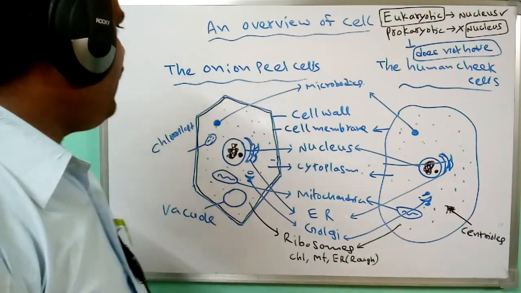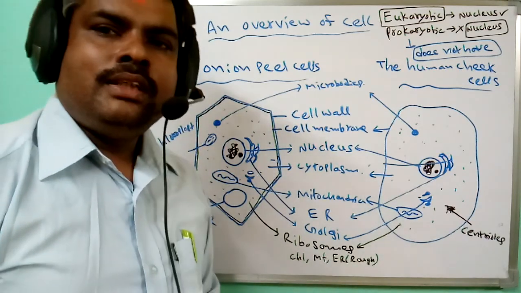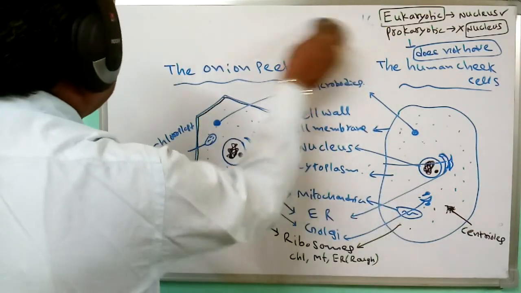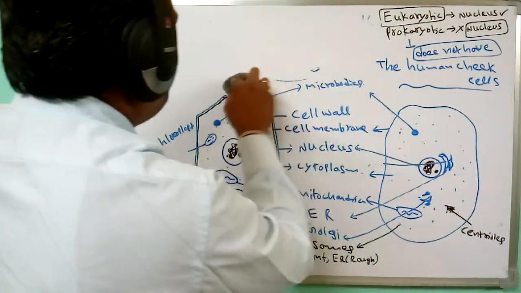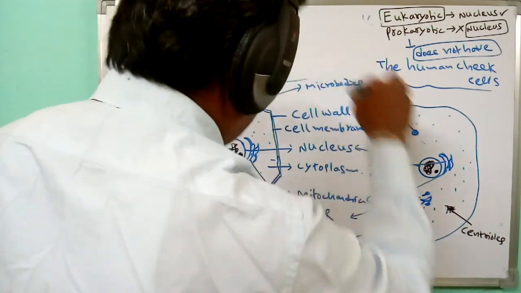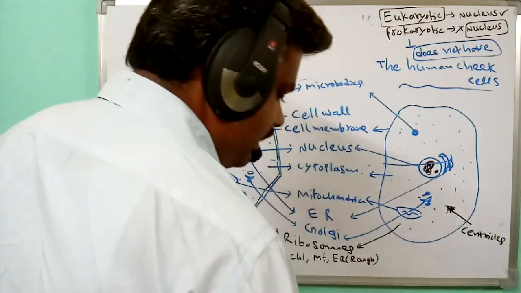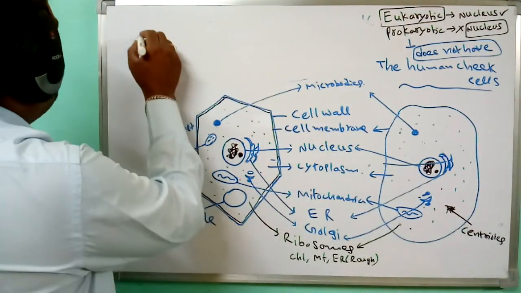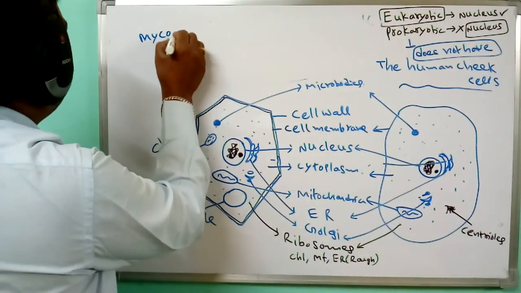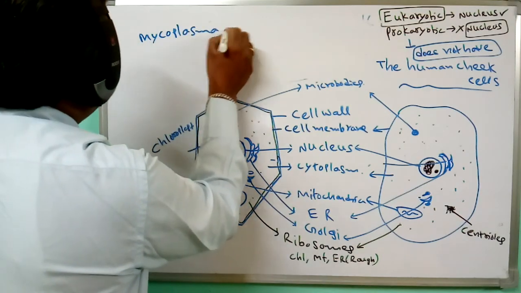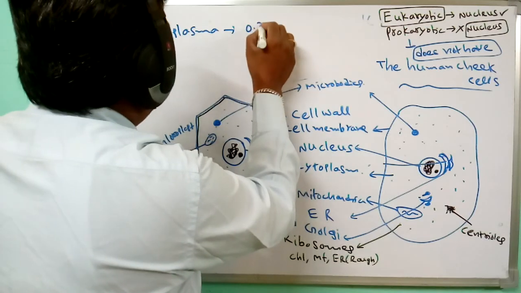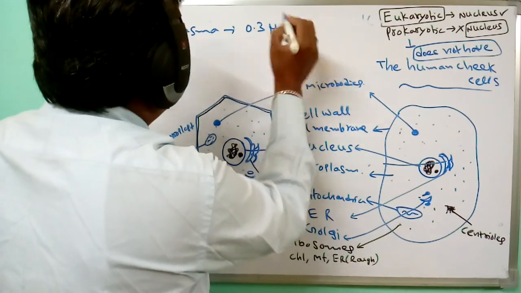Next, when we are observing the size of the cells, the sizes vary. Some cells are small and some cells are big in nature. For example, the cell of the mycoplasma, which is the smallest cell, is generally 0.3 micrometers.